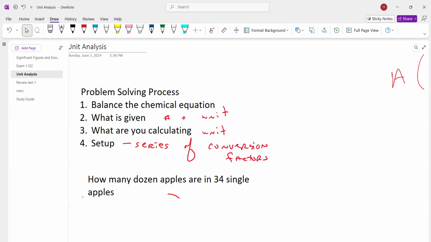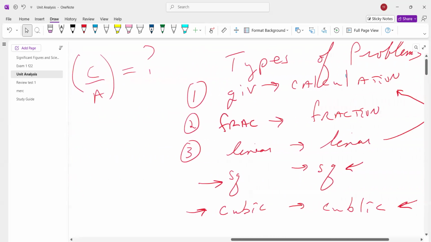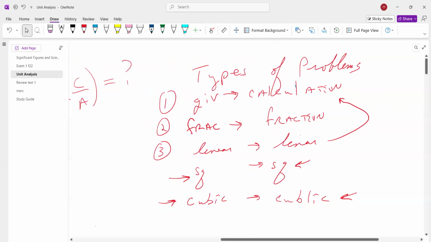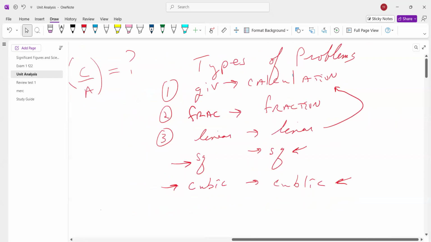Also note, there are 3 types of problems. One is, I call it linear, something like 12 milligrams is how many pounds? There are also fractions. If the given is a fraction, then what you're trying to calculate has to be a fraction also.